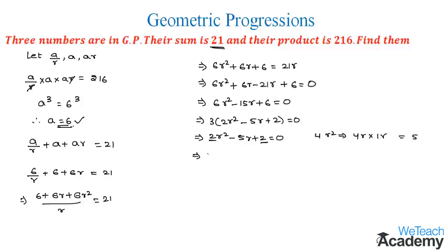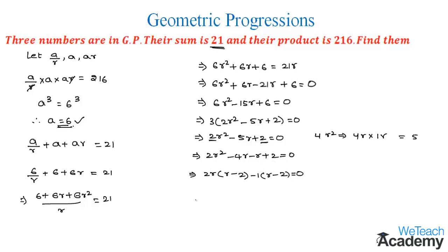So we can write this equation as 2r square minus 4r minus r plus 2 is equal to 0. Now let us take 2r as a common factor from the first two terms. So we get 2r into r minus 2, and by taking minus 1 as a common factor from the other two terms, this would come as minus 1 into r minus 2 is equal to 0.